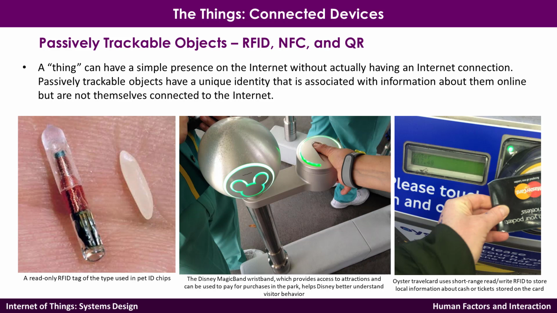These trackable objects are not directly connected to the internet. They are distributed across an environment, and the readers or the detectors are potentially connected to the internet. Depending on what kind of application or technology we are talking about, they could be connected to the internet in different ways.